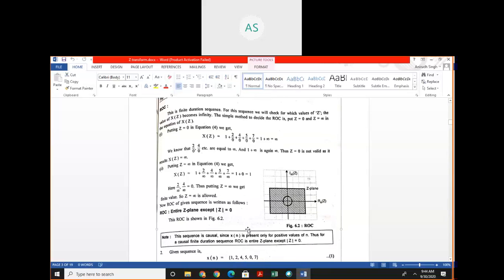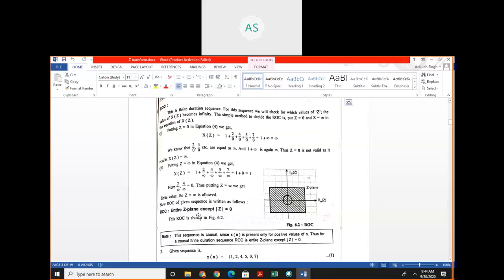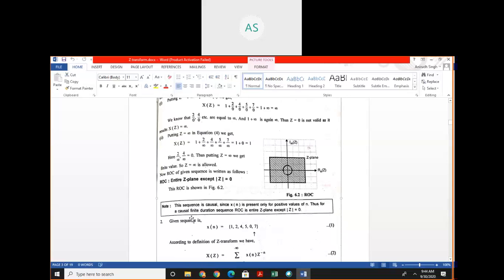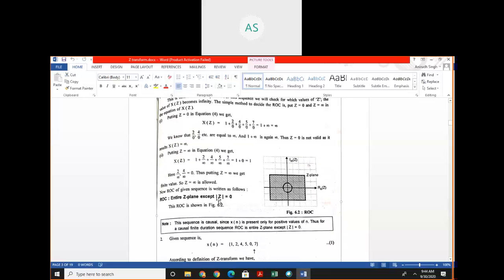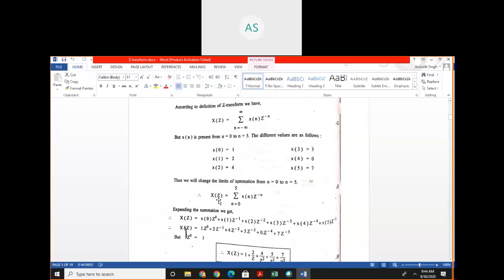It means that in this case, there is no meaning of X of z. So we get the ROC, means region of convergence, is entire z plane except mod of z is 0. When value of z is 0, then we do not get X of z.